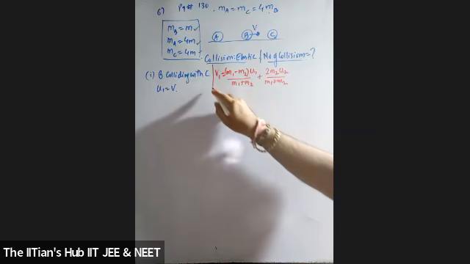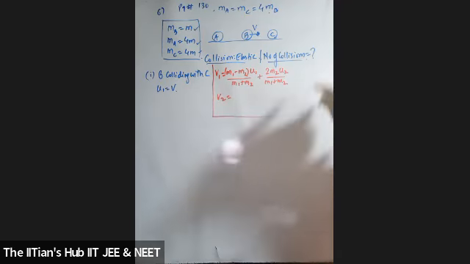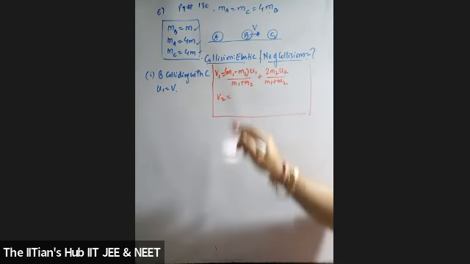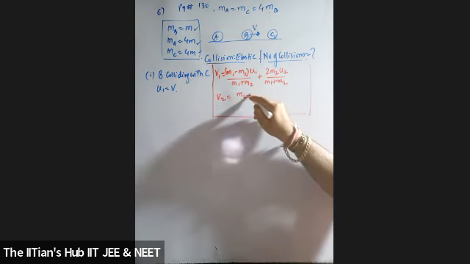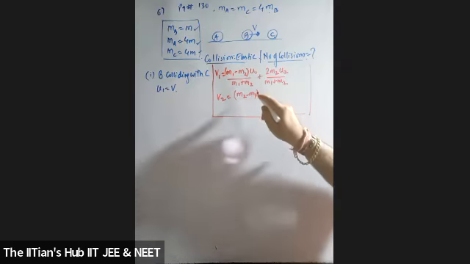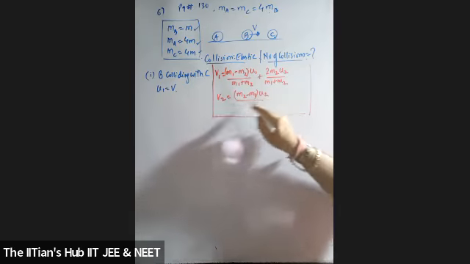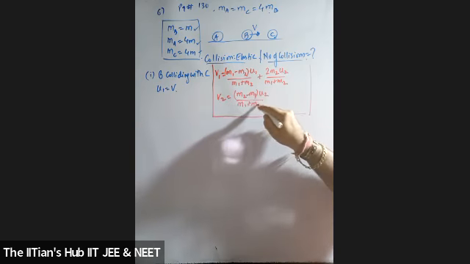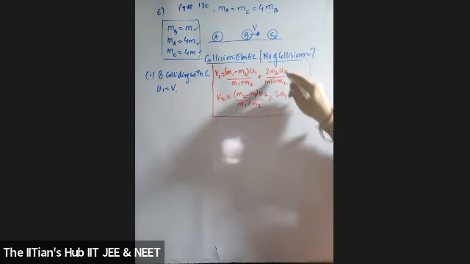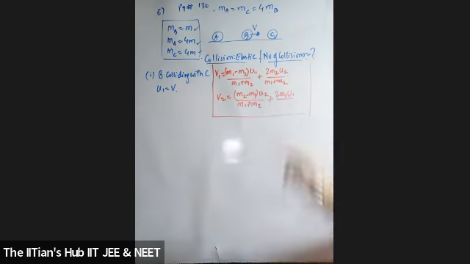That is the final velocity of the second body after collision. You will use these formulas. V2 will be equal to (m2 minus m1) into u2 upon (m1 plus m2), and here, again with a positive sign, 2 m1 u1 upon (m1 plus m2), students.